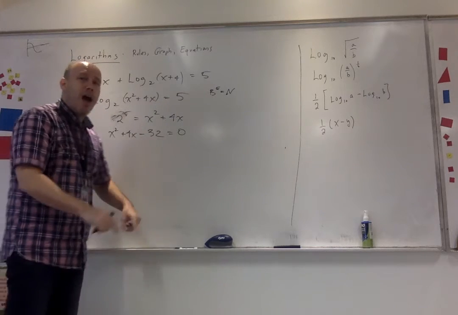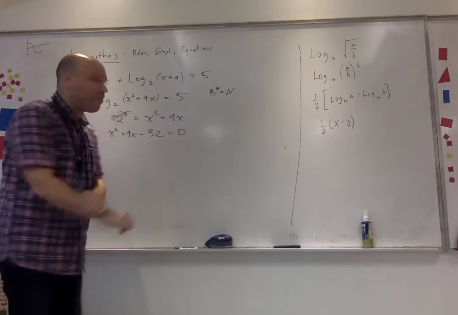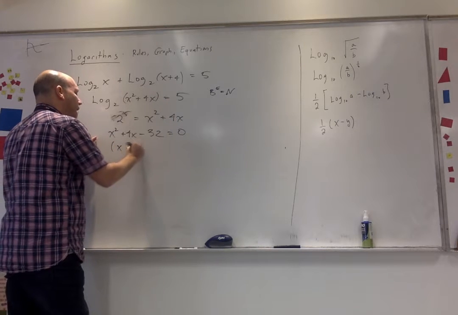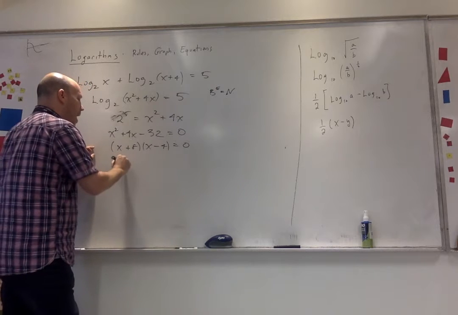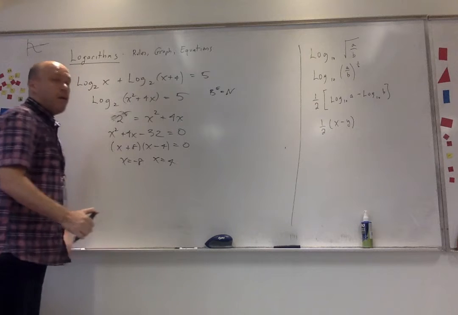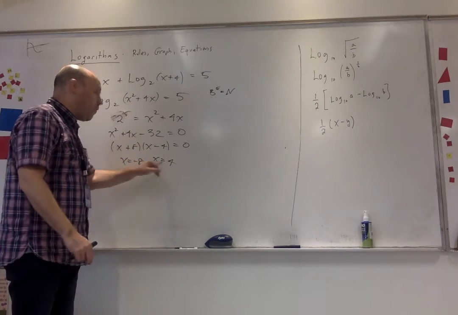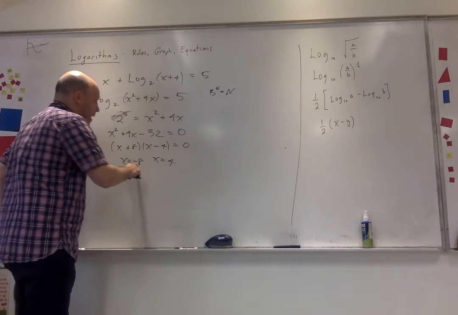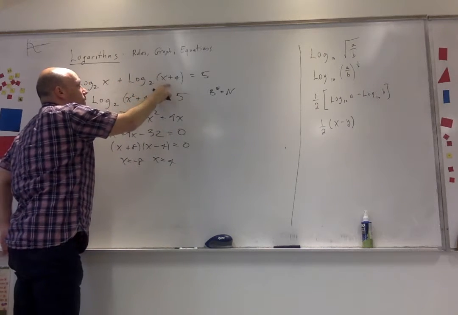Let's talk about this because I need to mention something about my log graphs. So we see here we have x plus 8 times x minus 4 equals 0, and we have two solutions: x equals negative 8 and x equals 4. Now, if this were disconnected from anything, these would be two valid solutions, but they're not. When we put the negative 8 back in the logarithms, we have a negative number.